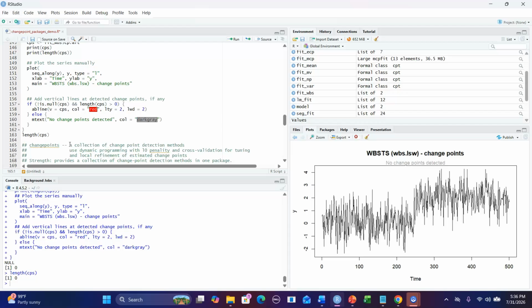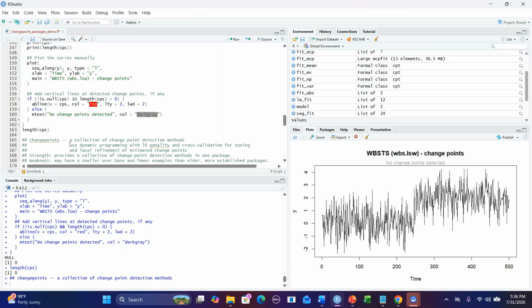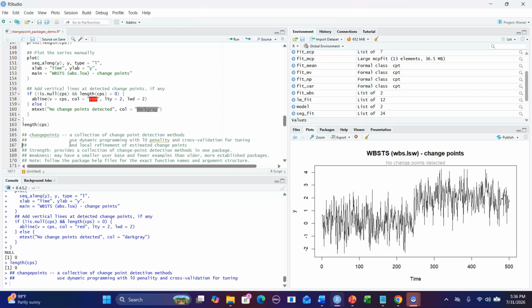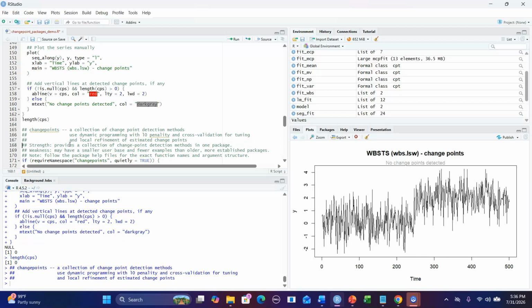It doesn't plot the vertical line for the change point location. So it doesn't work for this method. It's mainly for non-stationary series. Next is a collection of change point detection methods using dynamic programming with L0 penalty and cross-validation for tuning and local refinement of estimated change points. Also mathematically sophisticated, it provides a collection of change point methods in one package. Weakness: it may have a smaller user base and fewer examples.